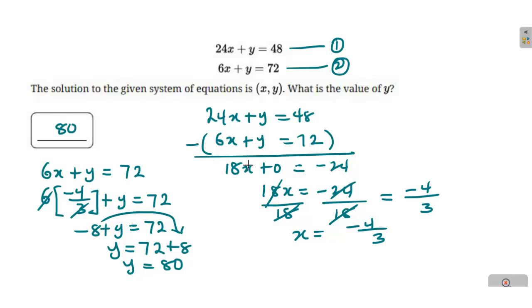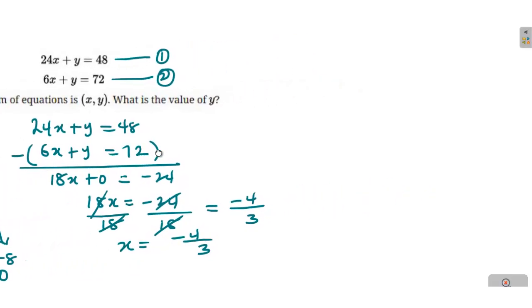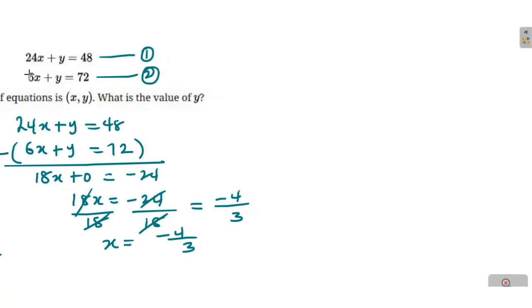So what I want to do now is use method 2 to solve this problem. Method 2 is what I would call the substitution method. So let me just shift this to this side to maintain this space. If I'm using the substitution method, since I'm looking for y, I will have to eliminate x, and that may be a bit complicated, but we have to do it.